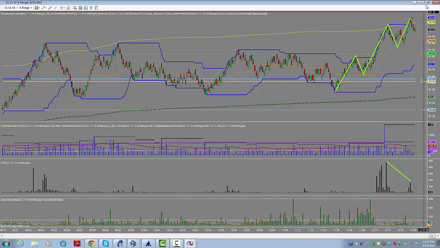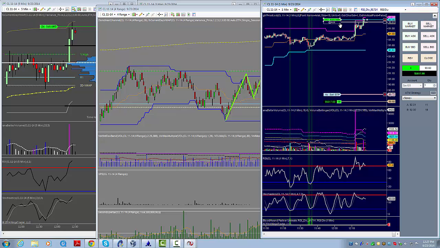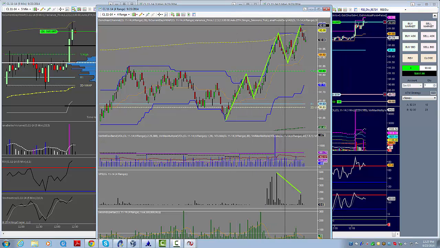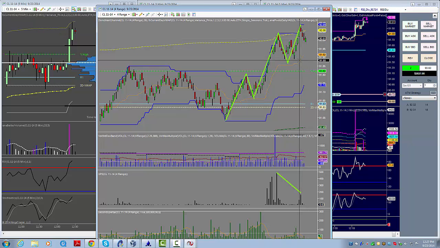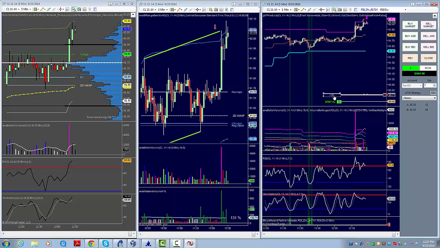So this is most likely a top here. So I'm just going to go ahead and get out of these two contracts at 9201. Order filled. There we go. So I got filled on half of my position, and now I can hold it to see what will happen.